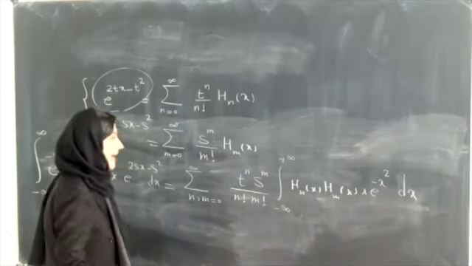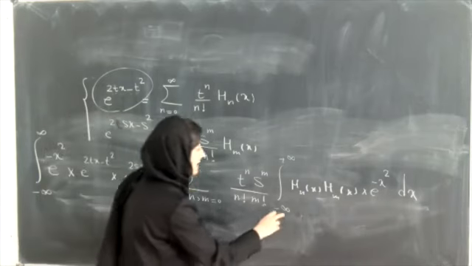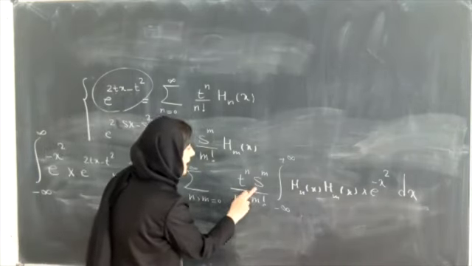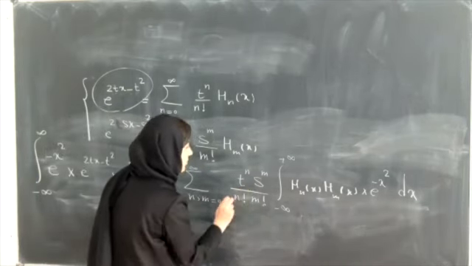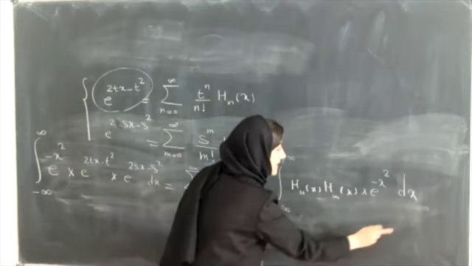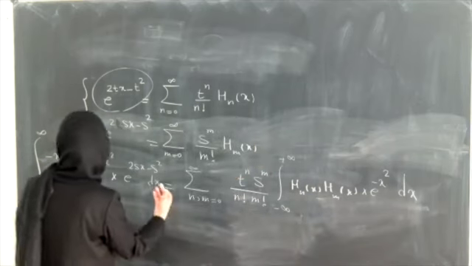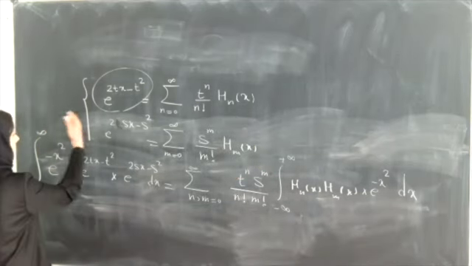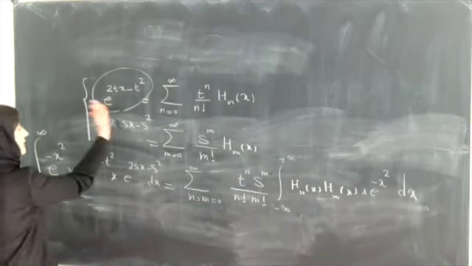Now we know that the coefficient of t to the n times s to the m divided by this is this integral, for the series expansion of this integral.